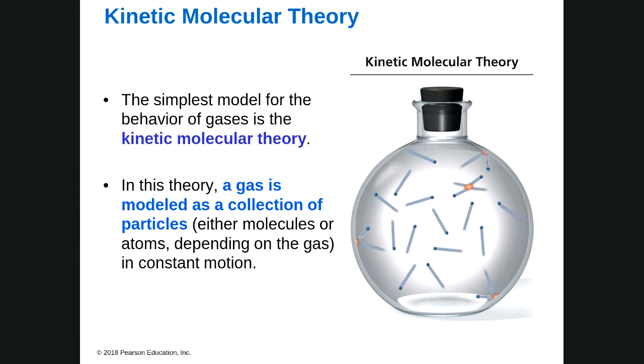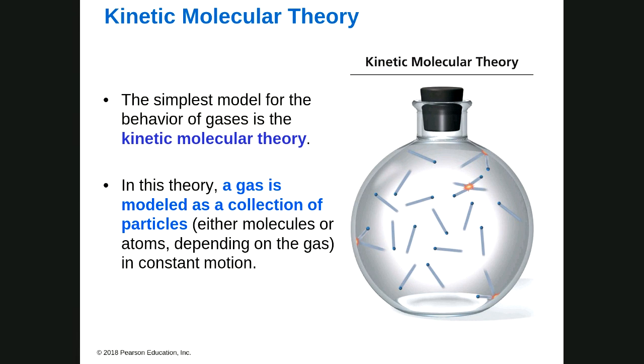So the kinetic molecular theory, we talked about this during the entire semester, in terms of movement and the gases. Obviously, they're moving fast, they're far away from each other, they have elastic collisions where they don't trade energy.